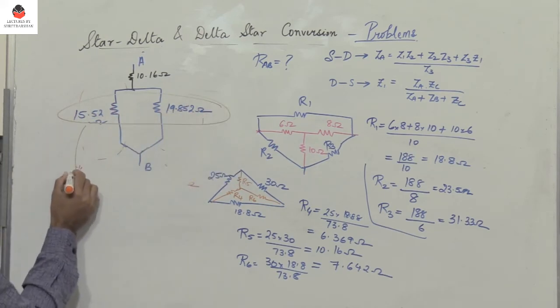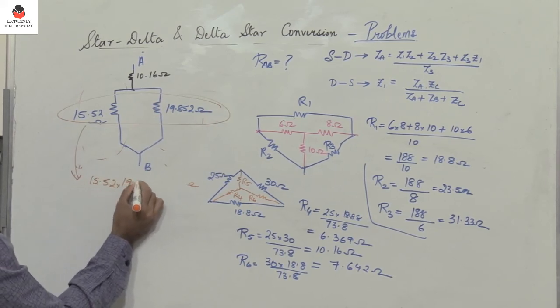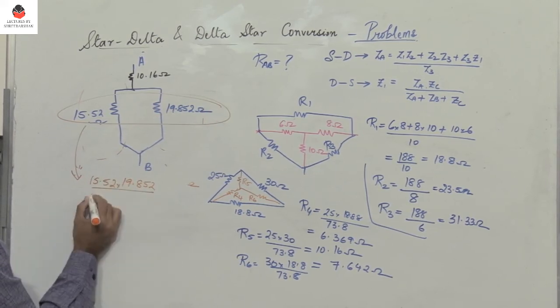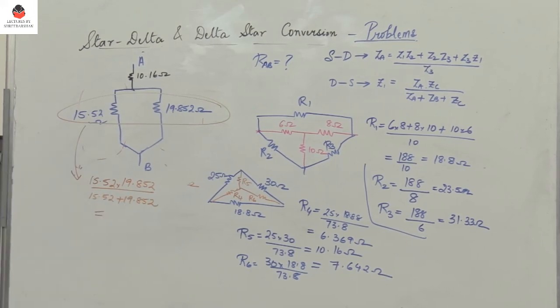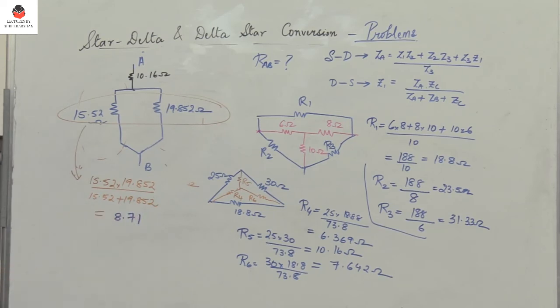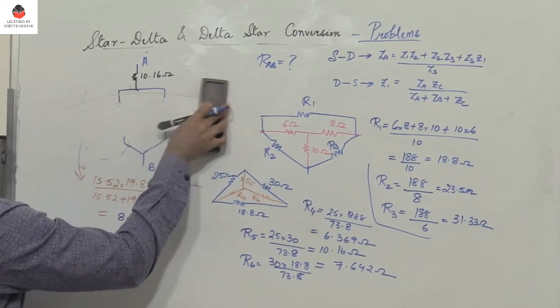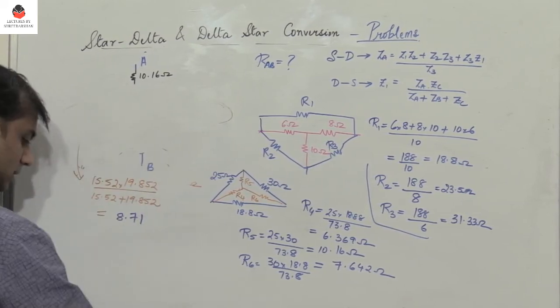So to find the parallel resistance, it is 15.52 into 19.852 divided by the sum of the two resistors. So if you find the equivalent parallel resistance, you get the value as 8.71. So this can be replaced by one single resistance, which is 8.71.